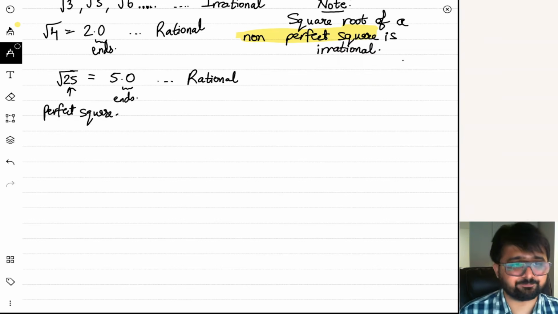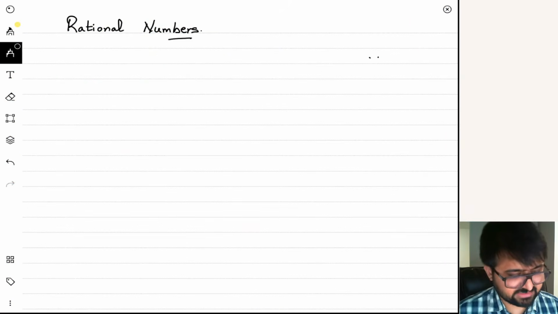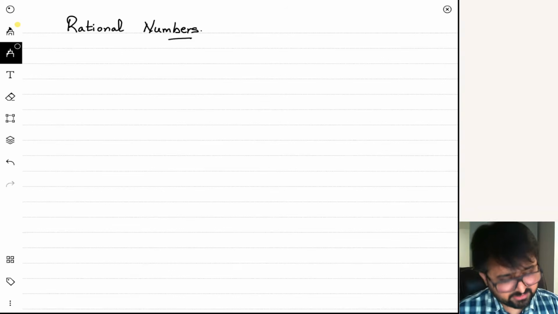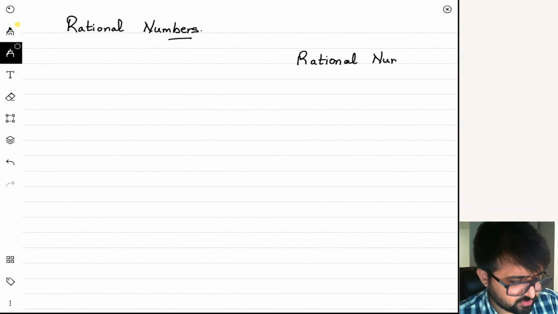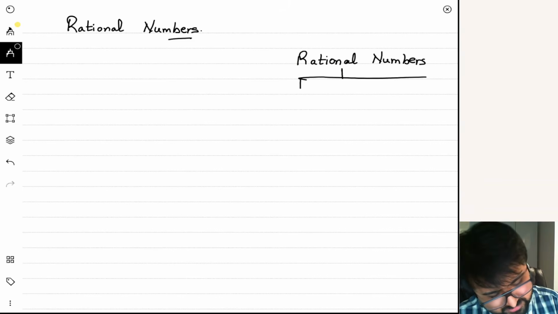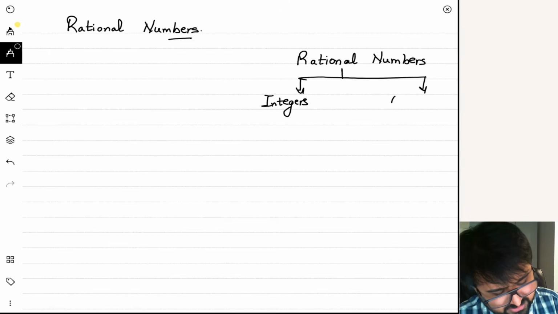Okay. All right, now let's try to understand rational numbers in detail. Rational numbers are further categorized into two categories, which is integers and non-integers.